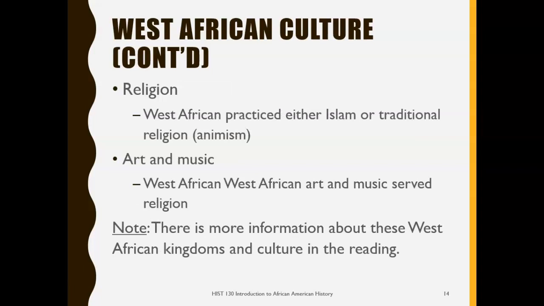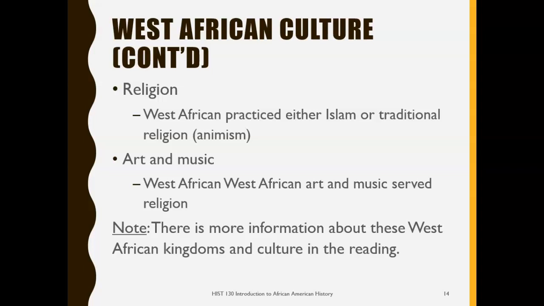The most important elements of West African culture include religion, art and music. Most West Africans have practiced Islam since the 8th or 9th century, but many of them, even today, practice traditional religion or animism.